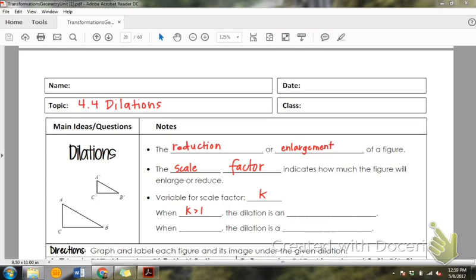A and an, right? You precede a word with an if it's a vowel. An enlargement. These are called context clues, my folks. Or when K is less than 1, the dilation is a reduction.